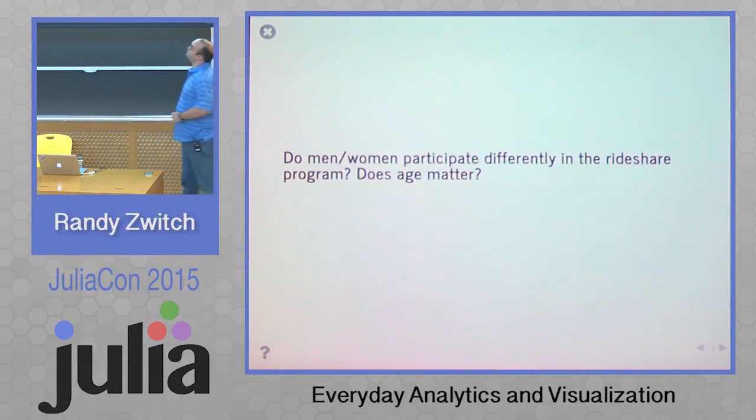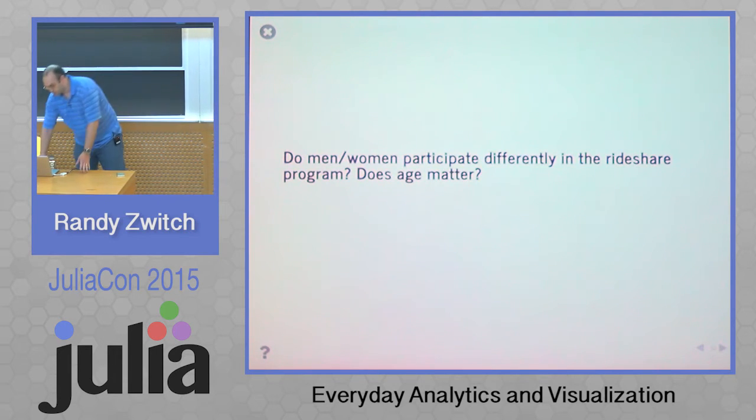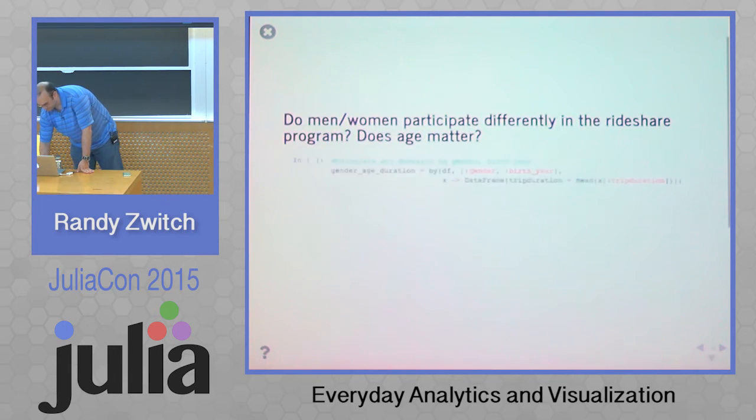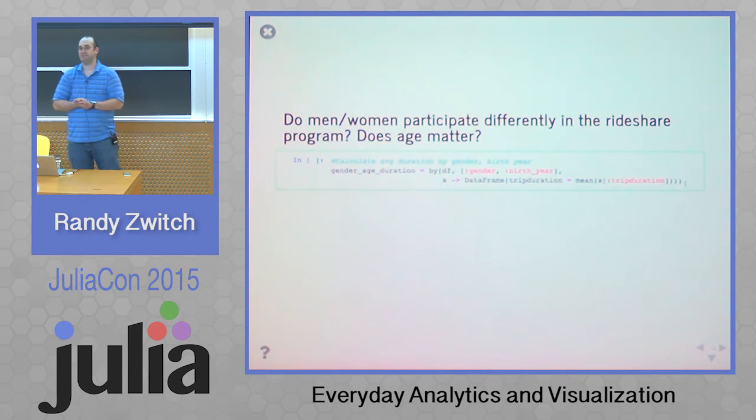And then finally, do men and women participate differently, and does age matter? So what we can do here is, again, use by-group processing, and again, it's awkward. It doesn't feel like SQL does, or even LINQ, that people brought up yesterday.